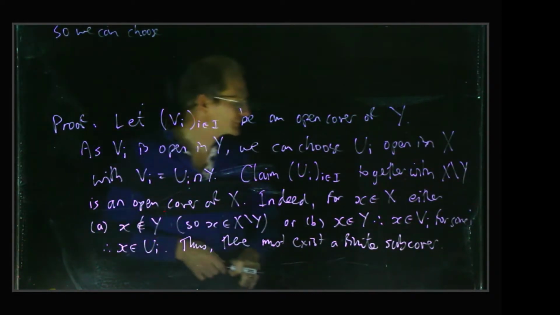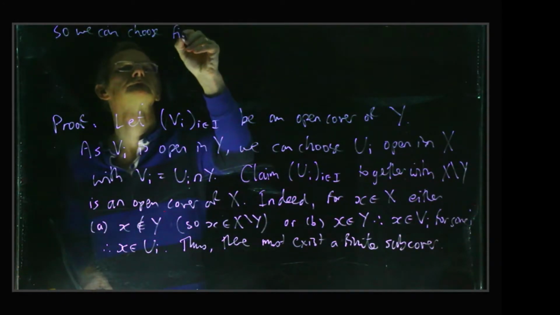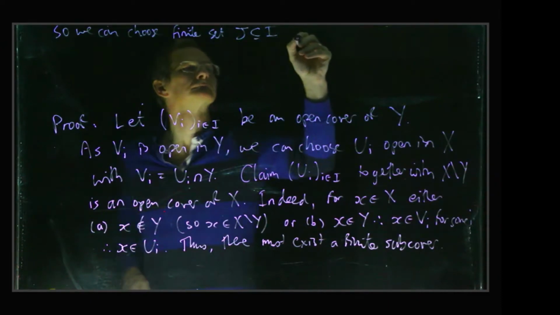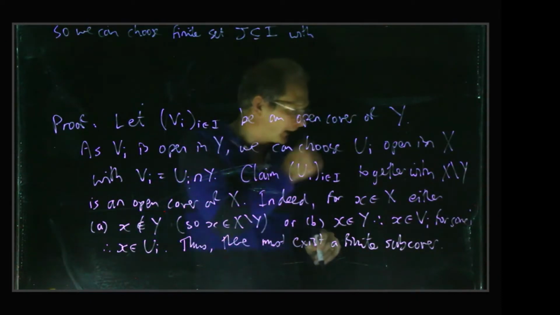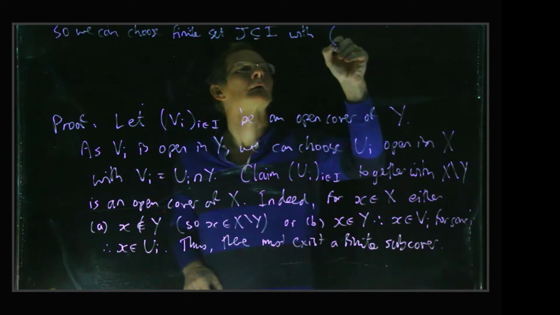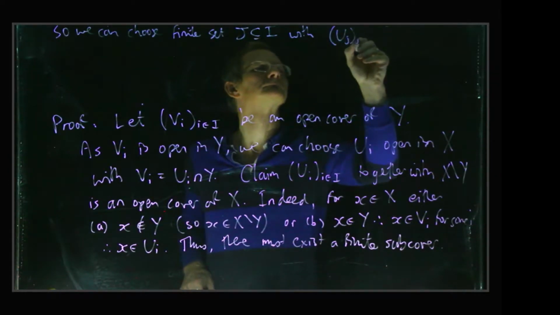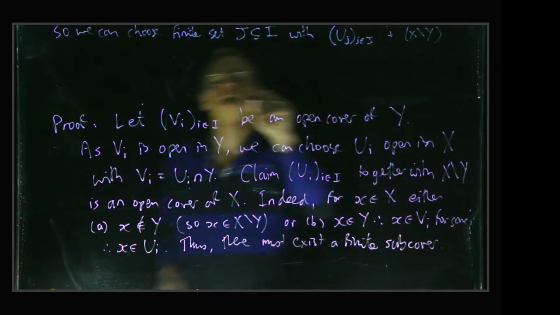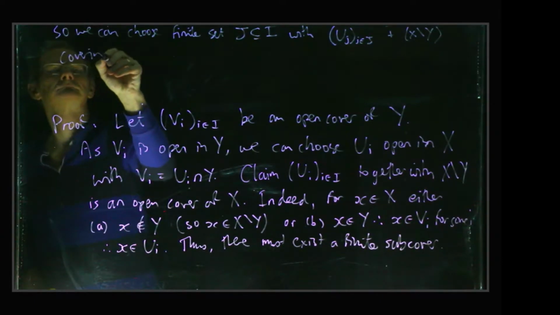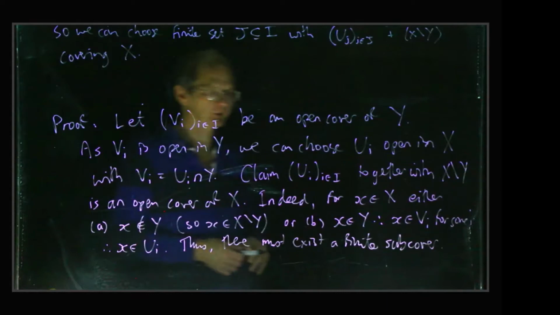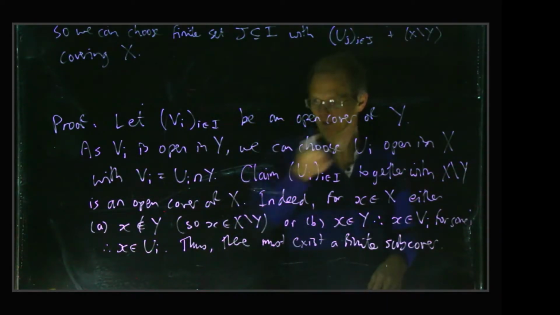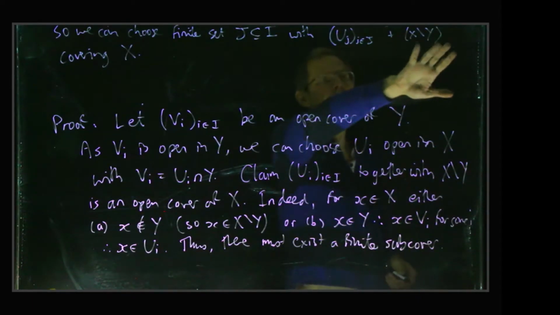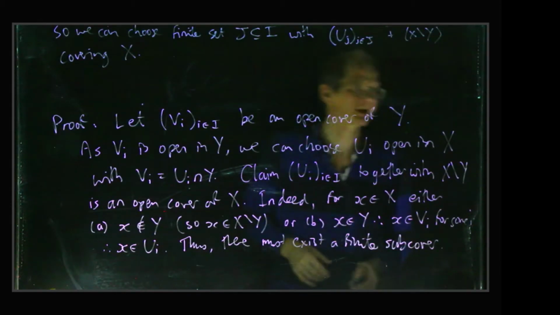So that means we can choose some finite set. We were looking at this family which contained all the U_i together with the complement of Y, and so we've got some finite subcover of that, which might or might not contain X less Y. But if it doesn't contain X less Y, then we can just throw that in.